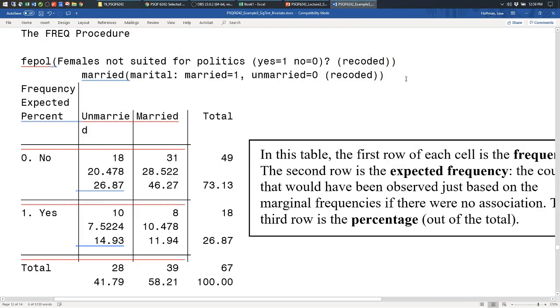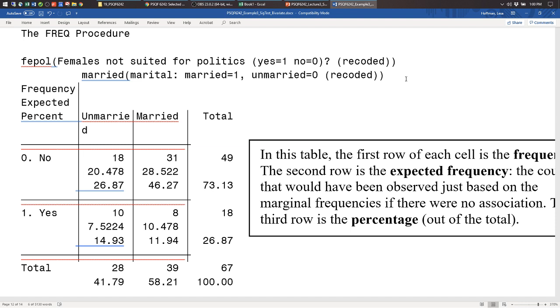So in this case, the number of people who said no and are unmarried, if these variables have nothing to do with each other, should be 49 times 28 divided by 67. SAS or Stata will be happy to spit out that number for you as this one.